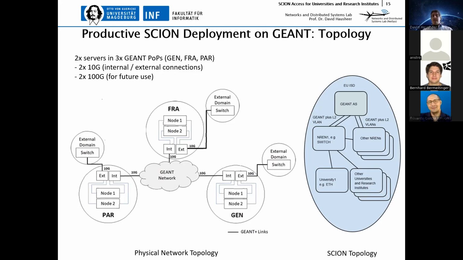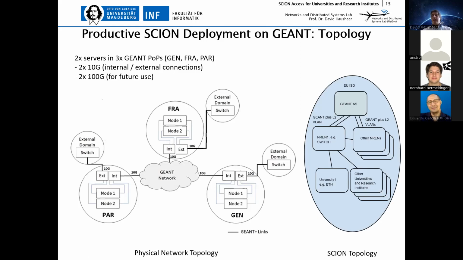On the SCION level, the topology looks as shown on the right-hand side here. We have basically GÉANT as a SCION AS forming a core node inside the European educational isolation domain.